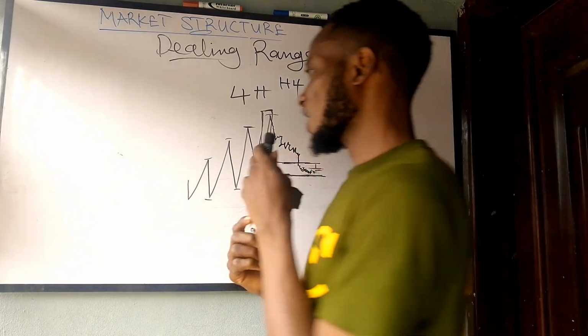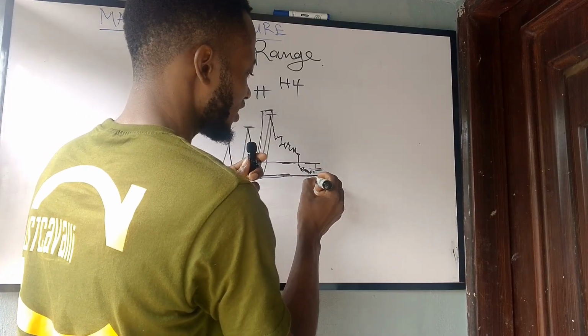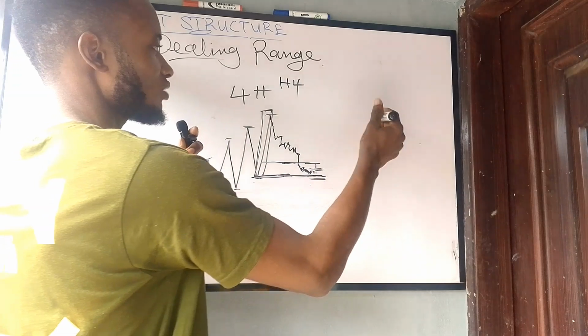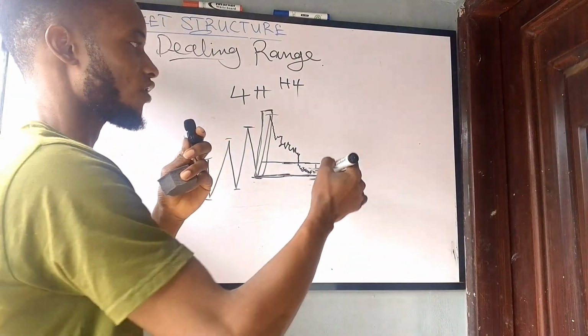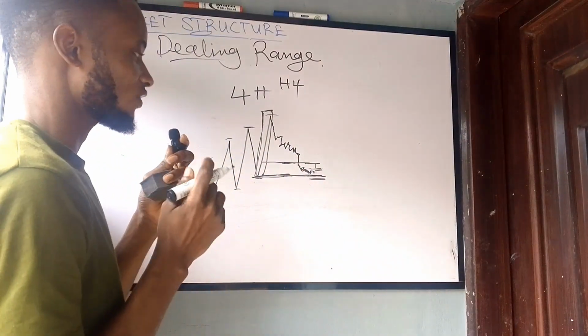So now I locate an institutional reference point, I place my order there and put my stop loss below the low. The same thing is applicable to a downtrend, but this time it is at the upside. That is the difference.